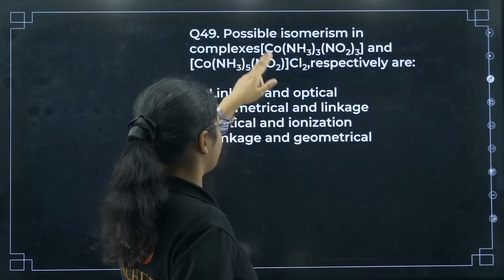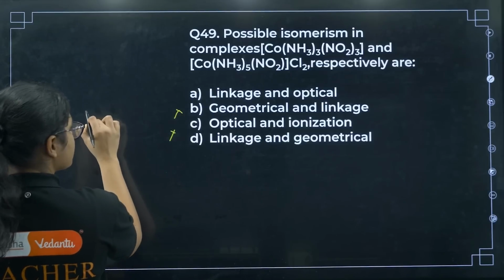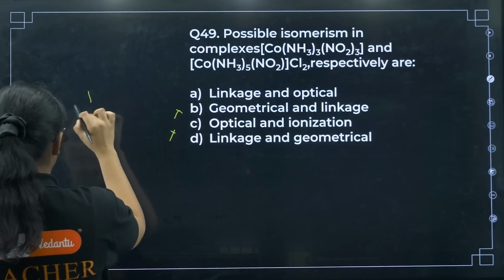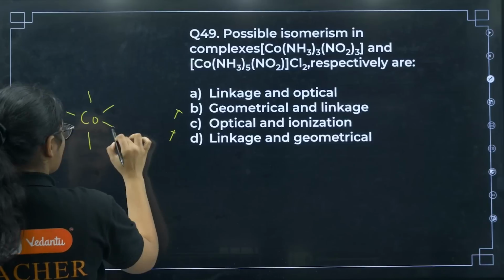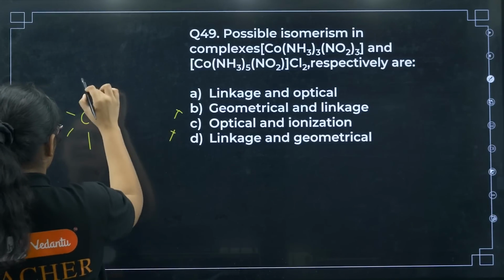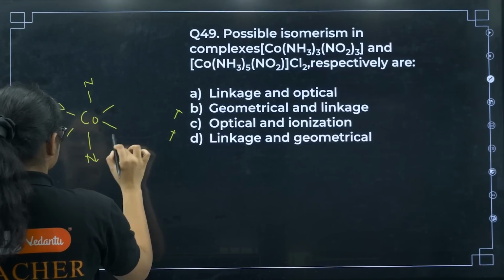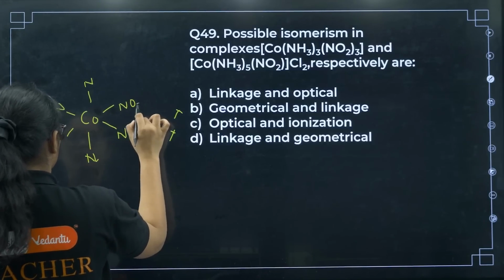So yes, here we can have optical isomerism. Do we? Let's check here. So I have Co, NH3 5 and NO2 group. There are 5 NH3 groups and 1 NO2 group, right?